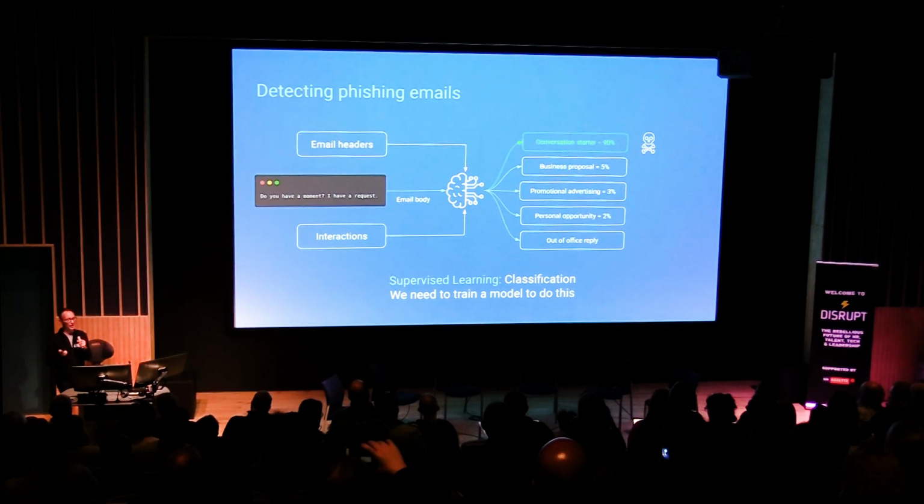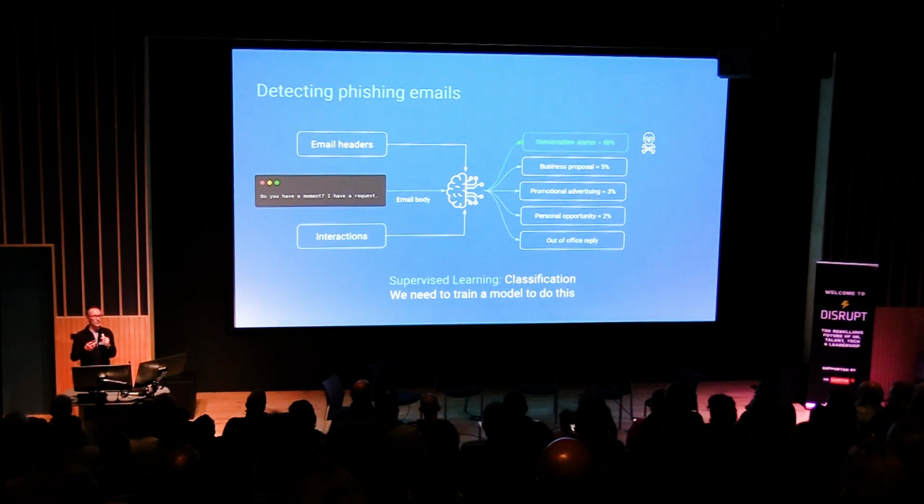But there's also lots of other information in an email as well. You don't tend to see it in Gmail or in your email client, in Outlook or whatever. There's lots of headers that show you where the email came from, how it was routed through servers, things like that. We could also potentially use that information as well. But then also we could use interactions. Email is not static.